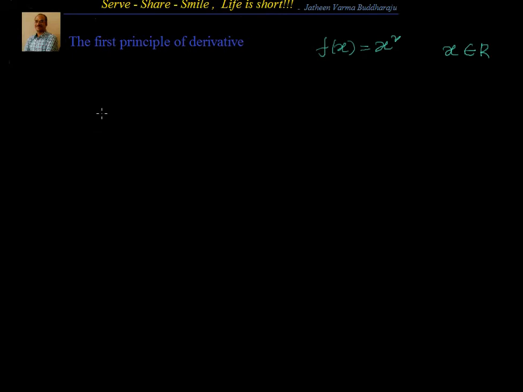We have to find the derivative of the function. So for that, let's use the definition. What we know about the derivative is that f dash x equals f of x plus h, where h is very small and not equal to 0, minus f of x, divided by the change in the x value from x to x plus h, that is x plus h minus x, which is equal to h.